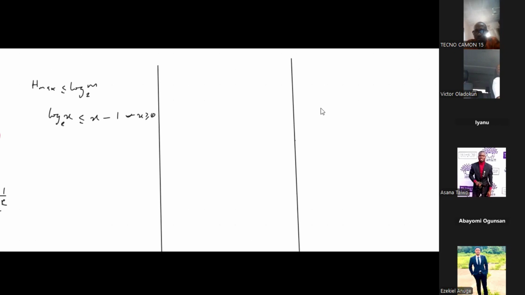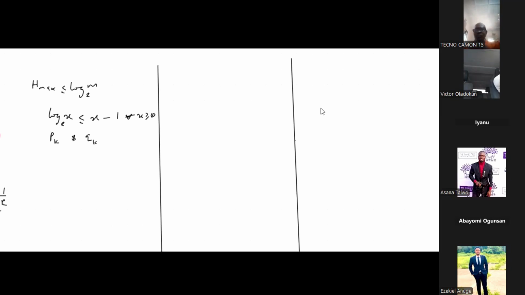Okay? And if we consider two probability distributions, say P sub k and Q sub k, meaning they have their respective distributions, say P sub 1, P sub 2, P sub 3, up to P sub k, and then Q sub 1, Q sub 2, Q sub 3, up to Q sub k, for instance.